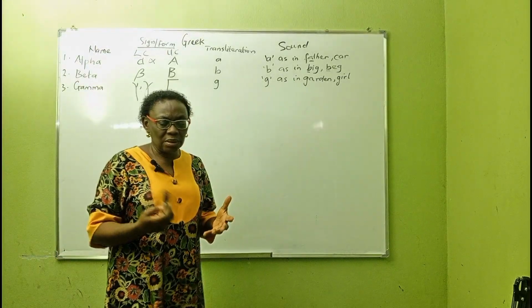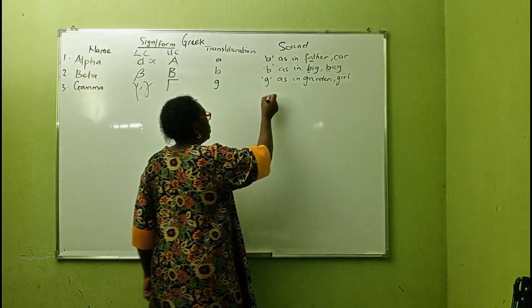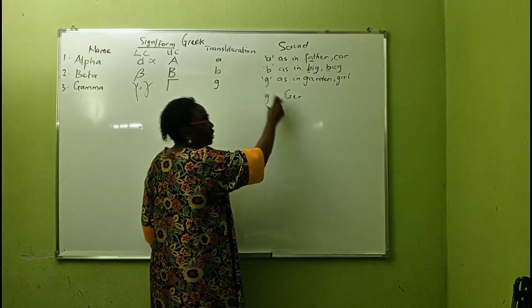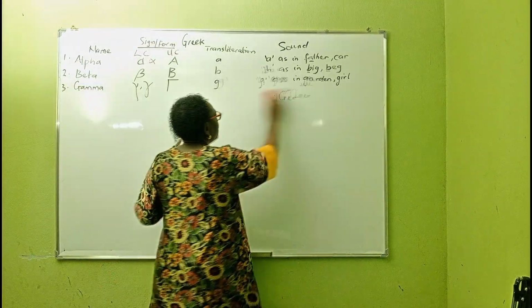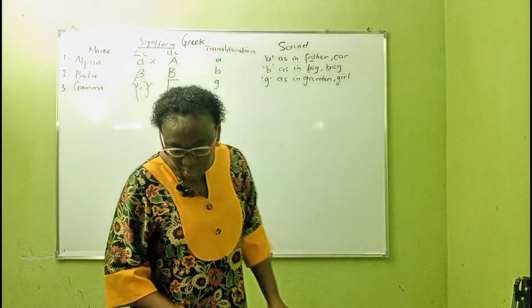Sometimes g sound in some other words actually has a G. So you say Germany, but this is not J sound, this is G sound. So take note, the way you pronounce it is gamma. So it is G sound.